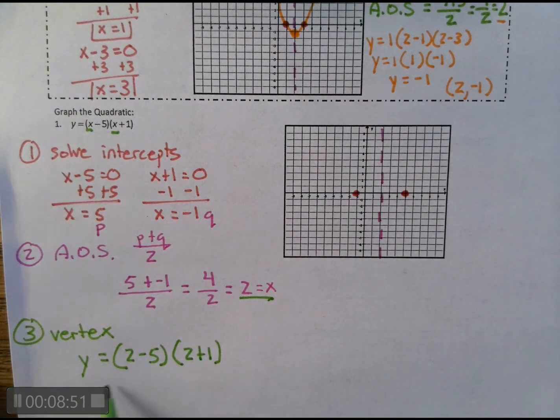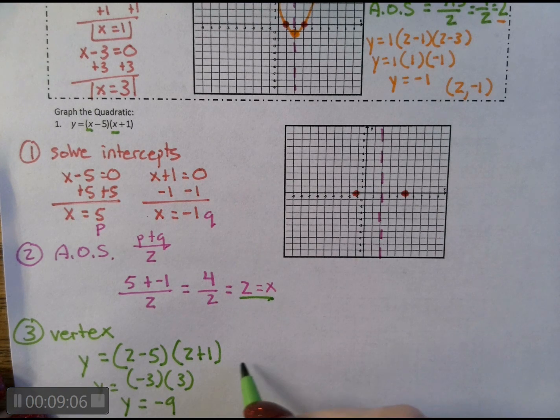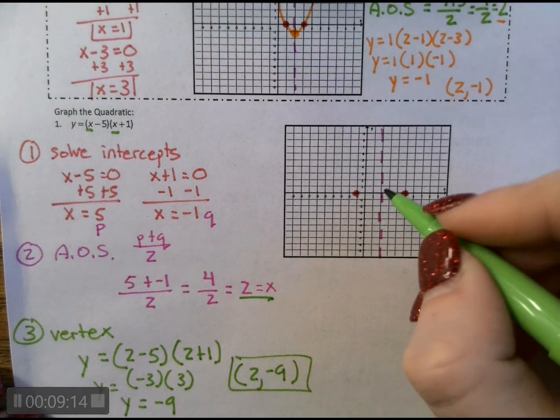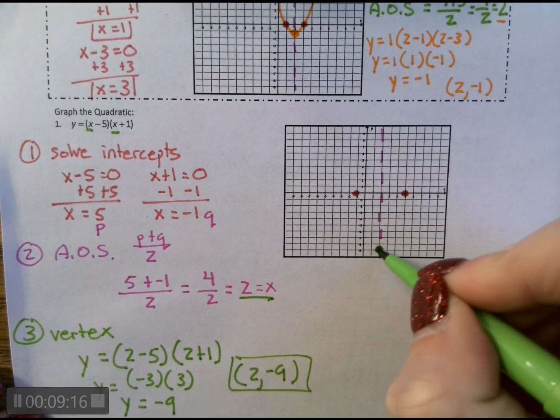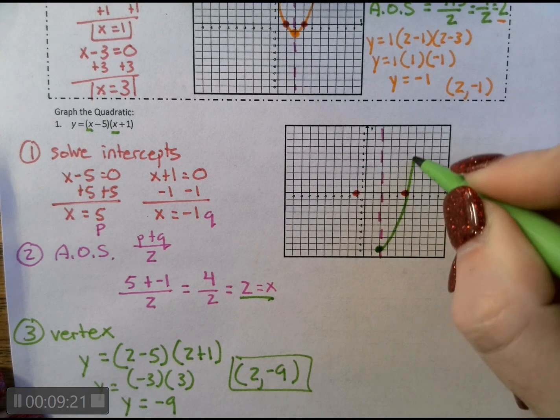Solve inside of your parentheses, so I have y equals 2 minus 5 is going to give me negative 3. 2 plus 1 will give me positive 3. So y equals negative 9. So then my vertex is going to be 2 comma negative 9. And then we can graph it right here. And then we can connect our dots.